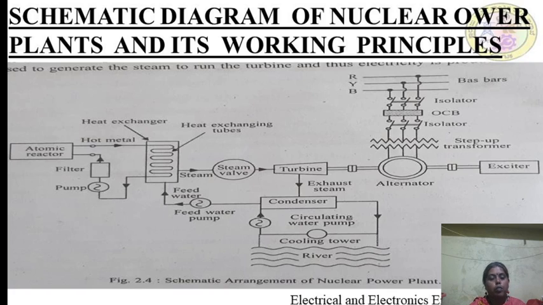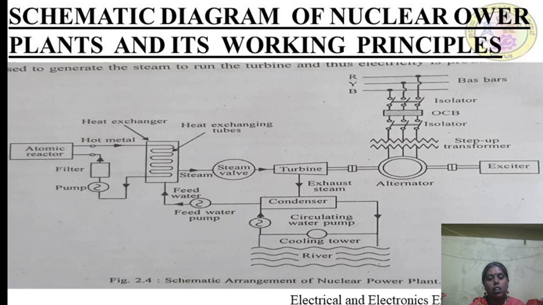In this, a filter and pump are used for circulating the metal substance. The heat exchanger consists of heat exchanging tubes. Below, we see the condenser, cooling tower, river and the pumps. Water from the river is circulated or pumped as feed water to the heat exchanger.